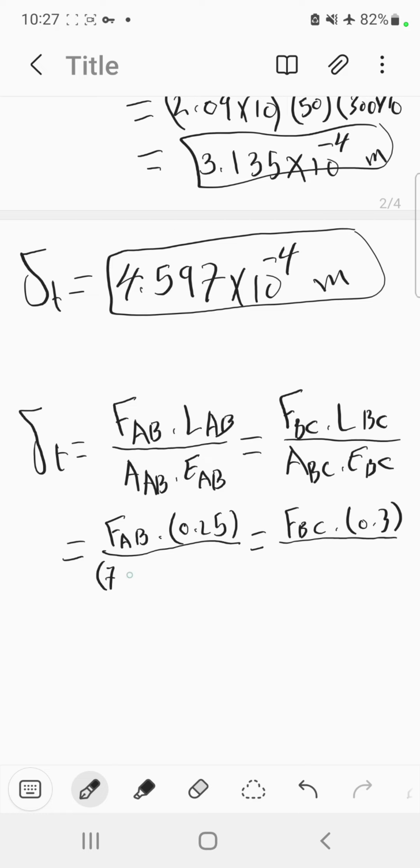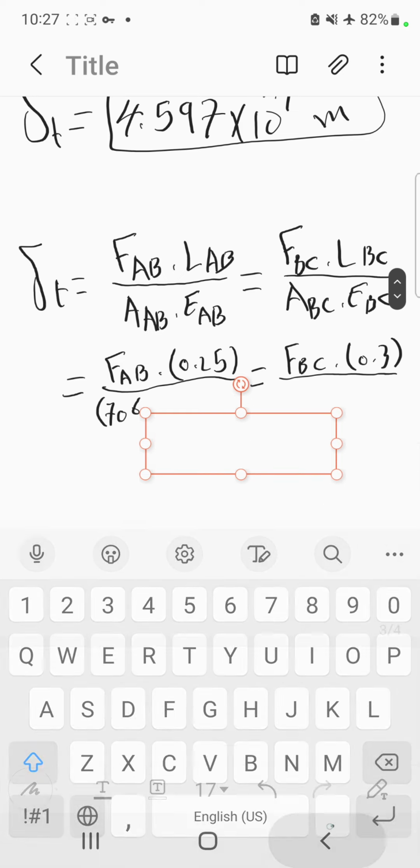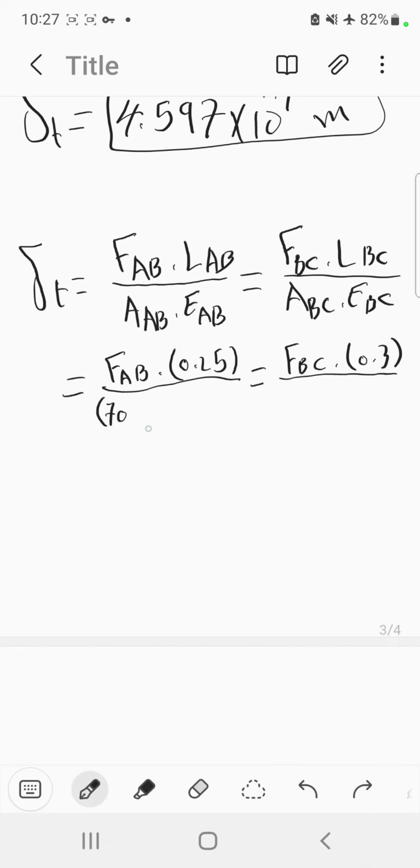We know the area, we found it already, 706.5 times 10 to the power minus 6 times 200 times 10 to the power 9, because it's in gigapascal, and the area for BC portion is 1962.5 times 10 to the power minus 6 times 105 times 10 to the power 9.